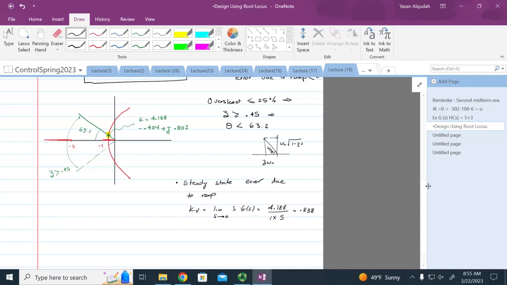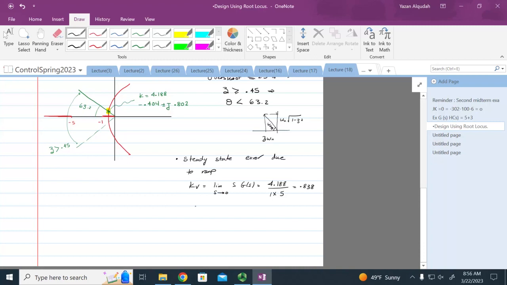And therefore, the steady state error due to a ramp is going to equal 1 over kV, which equals 1 over 0.838, which equals 1.19.